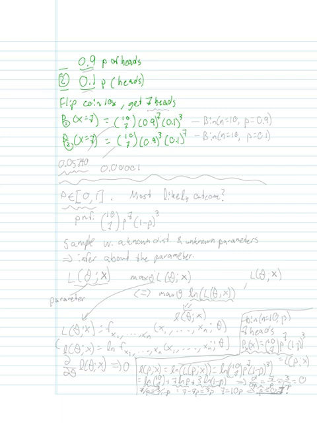It's because this is a binomial distribution with n equals 10, p equals 0.9, and this is a binomial distribution with n equals 10, p equals 0.1.